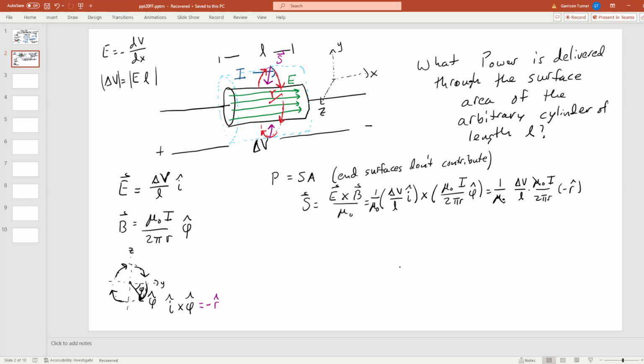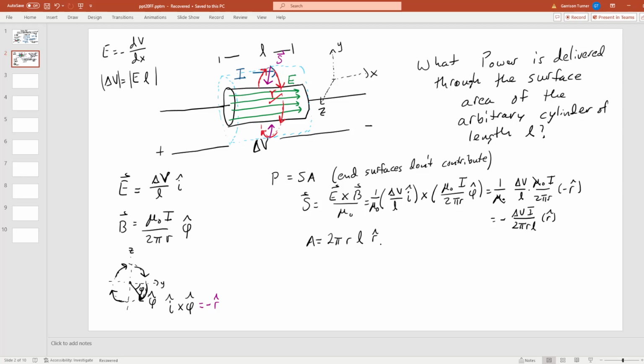But now to get the area, right? So the area of the cylinder that we're interested in is 2 pi r times L. Okay. And this is in the r hat direction. So you can think of this as negative delta V I over 2 pi r L r hat.